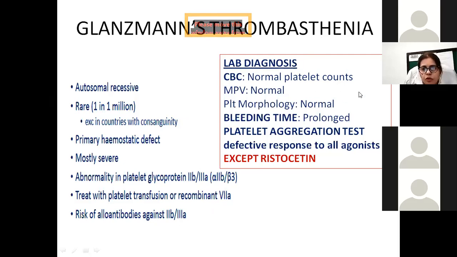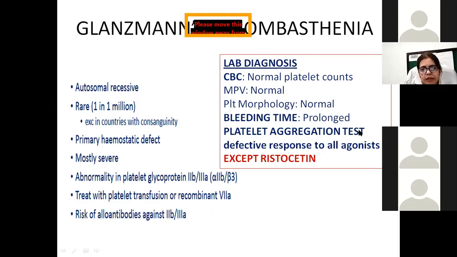CBC will show normal platelet counts. Morphology of the platelet will be normal. They will be of normal size. Bleeding time will be prolonged because of defective function, and the platelet aggregation test will show defective response to all agonists.